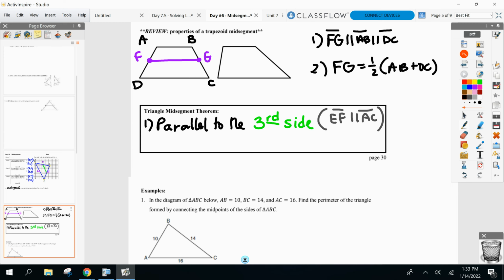How do you find the length of a midsegment? Similar to how we found the length of a midsegment on a trapezoid. The length will be half. I don't have bases now, but I have a third side. So the length is going to be half the third side.